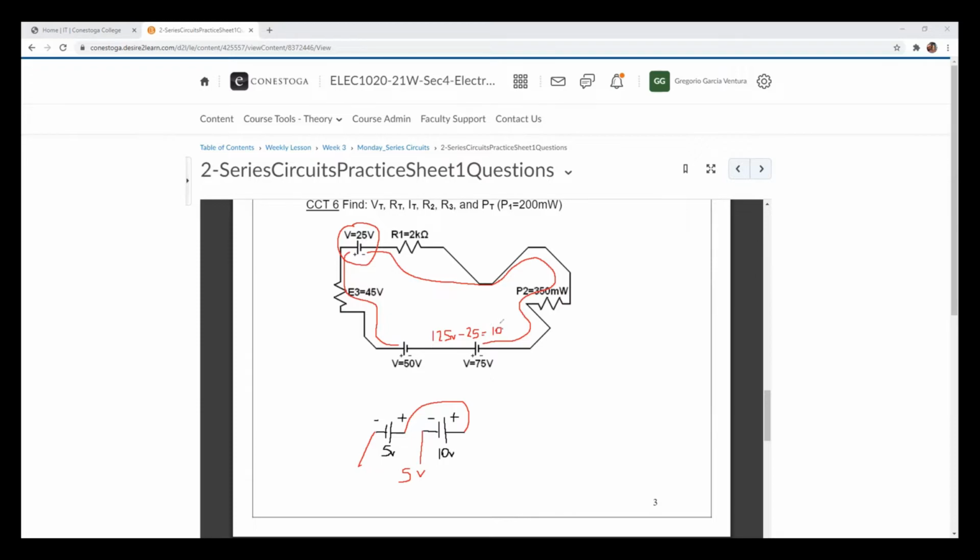So by all means, you can redraw the circuit now, and you can say, well, I have a 100 volt source with your R1, R2, and R3. Okay, so the circuit is reduced just to having one power source only with 3 resistors.